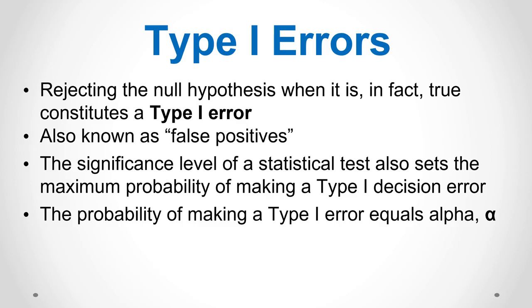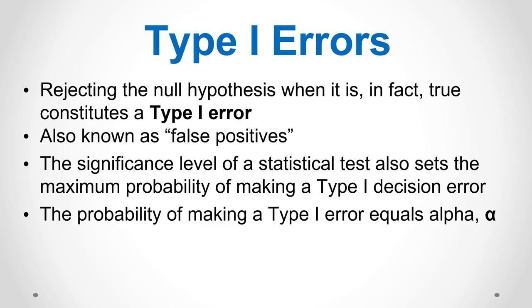The researcher rejects a null hypothesis that is actually true. Type 1 errors are caused by unusual, unrepresentative samples. Just by chance, the researcher selects an extreme sample with the result that the sample falls in the rejection region, even though there was no actual effect or difference.